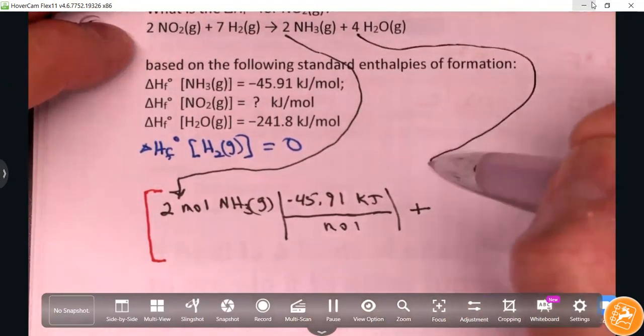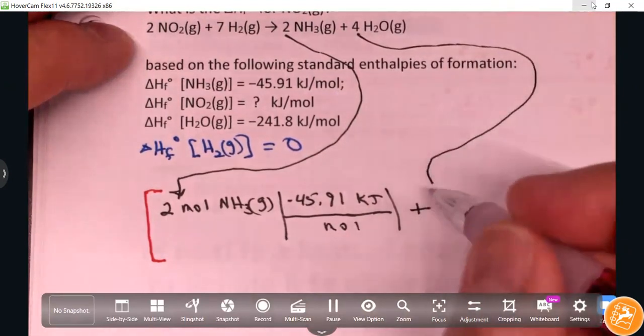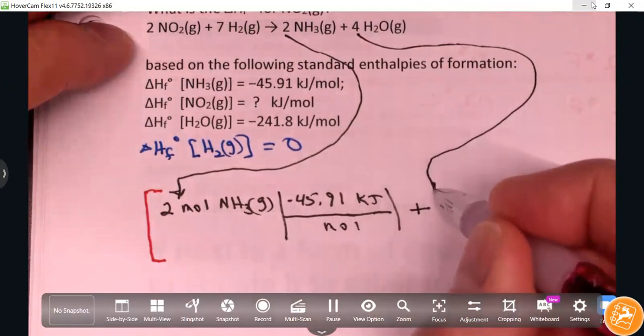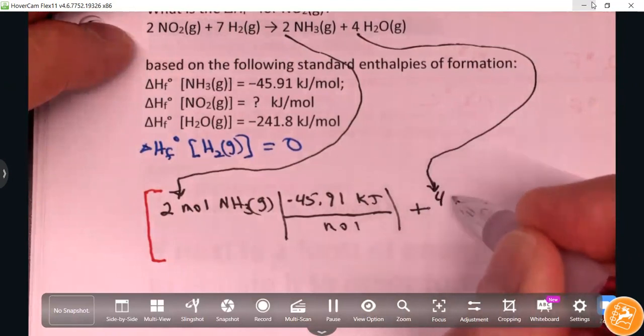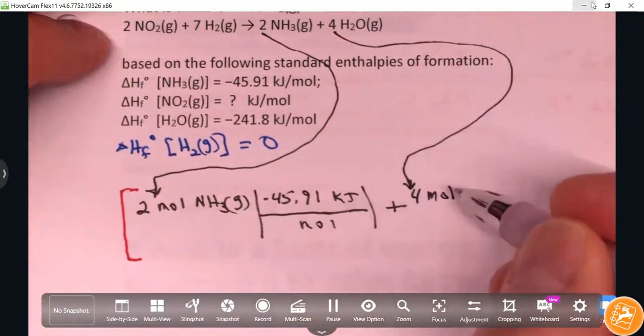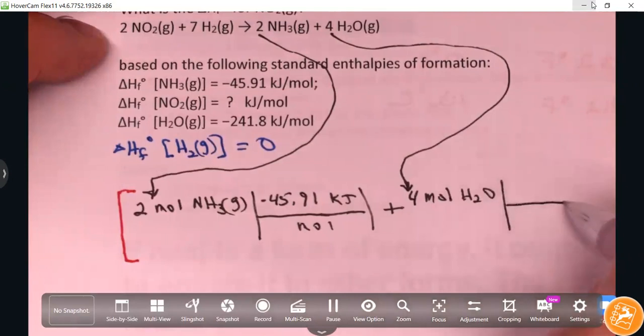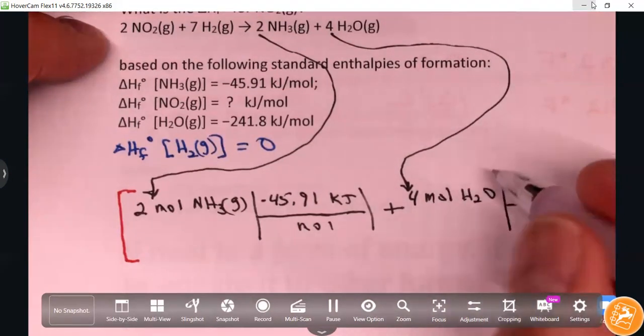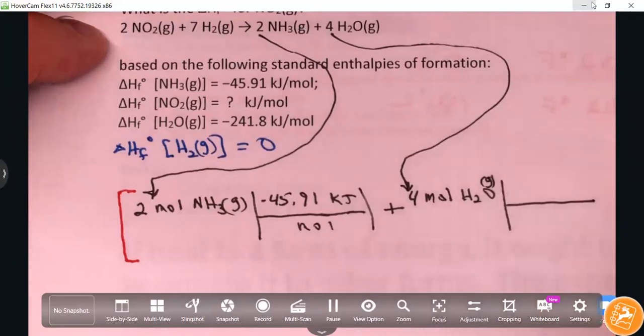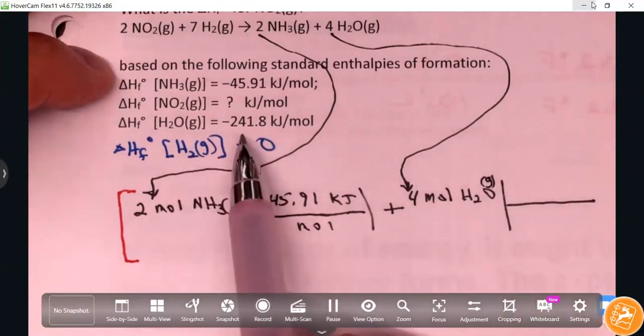Plus 4 mole of H2O. Now this is H2O gas, it's different for a gas versus a liquid. So this is negative 241.8.